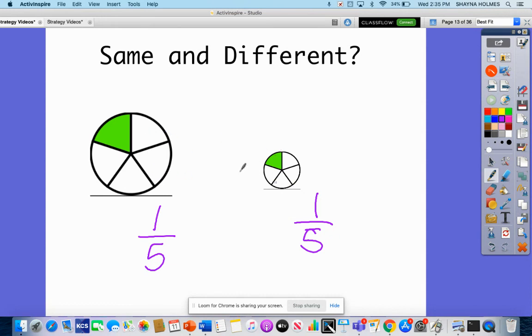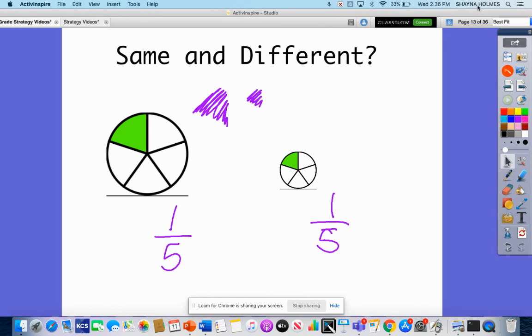So we can't really compare these, because even though this is 1/5 and this is 1/5, I can compare and see that even though they represent the same fraction of their whole, the wholes are different sizes, so this piece is still larger. That is the end of today's strategy video.